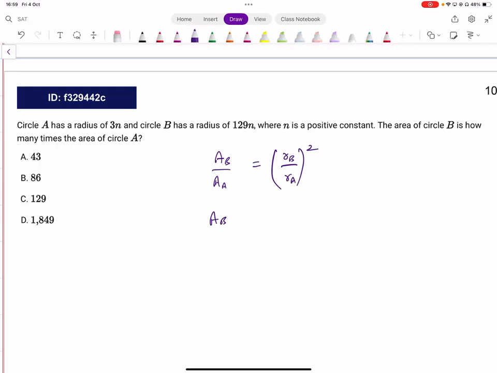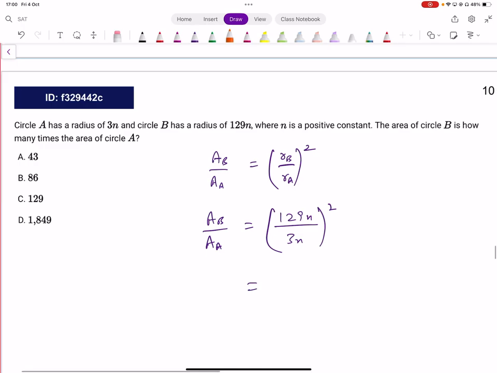Now, what do we get from this? AB over AA, that is RB, radius of B, which is 129n, over radius of A, which is 3n, whole squared. And you can see what that is. n and n get cancelled. D, 1849. So that's your final answer.